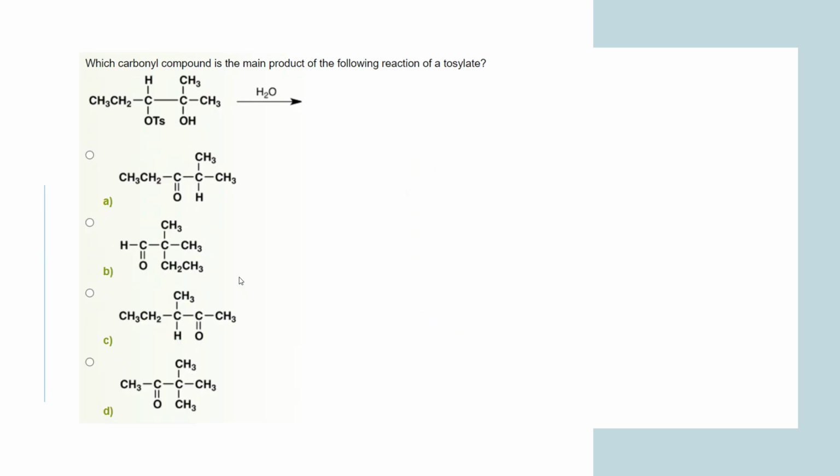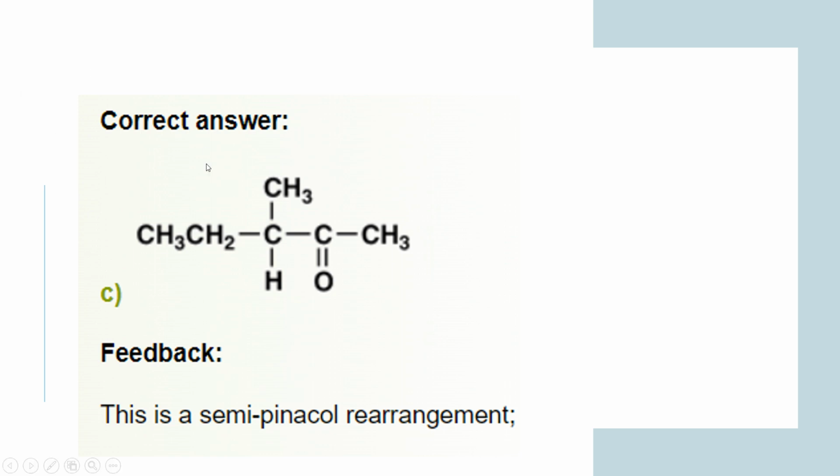But when we had a good leaving group present in the substrate, which does not require very complex reaction conditions, we first preferred knocking out that good leaving group. In that case we got a secondary carbocation rather than the tertiary carbocation. So this particular reaction followed the semi-pinacol rearrangement pathway, and we got option C as the final product.